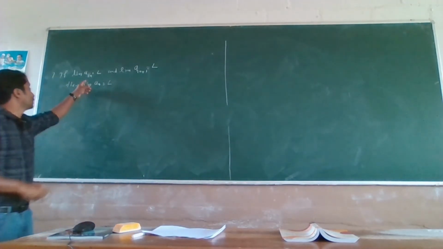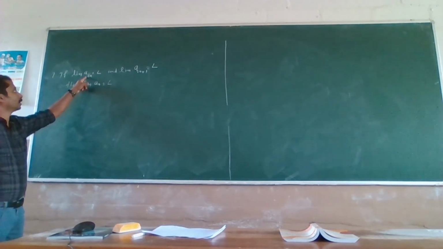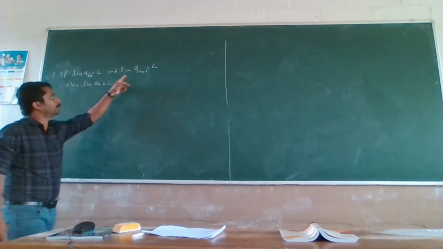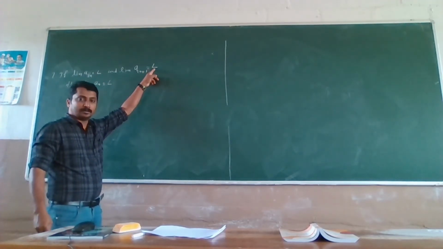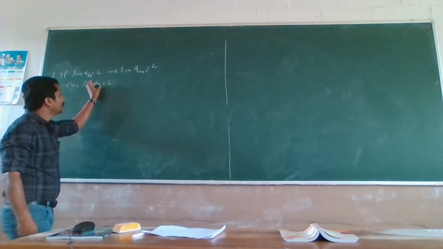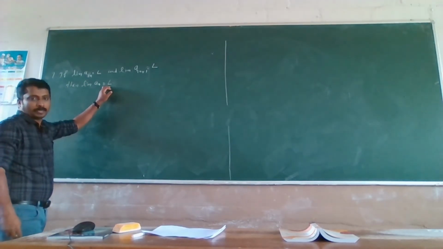The even terms of the sequence a_n converge to l and the odd terms of the sequence converge to l. So we have to prove that the sequence converges to l.